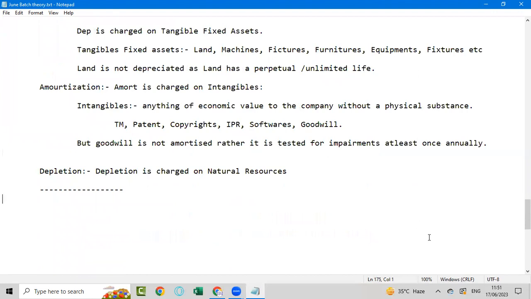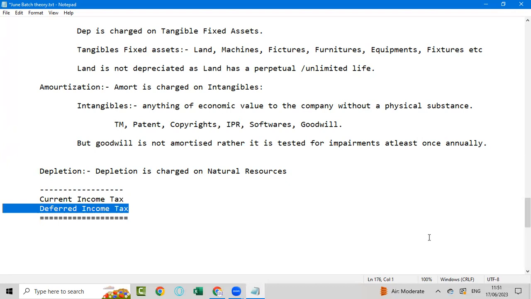So the next item is current income tax and deferred income tax.